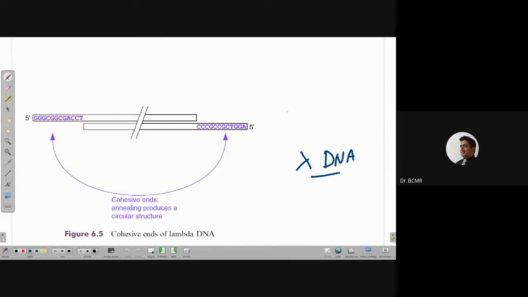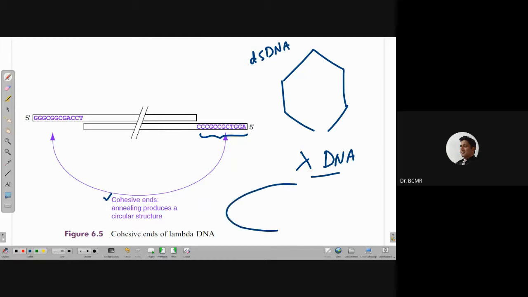The lambda DNA, when it is packaged into its head particles, is double-stranded DNA with the ends having a 12-base overhang like this, which are referred to as cohesive ends. And upon insertion into the cell, the lambda phage sits here, attaches, and injects the DNA into the cell.